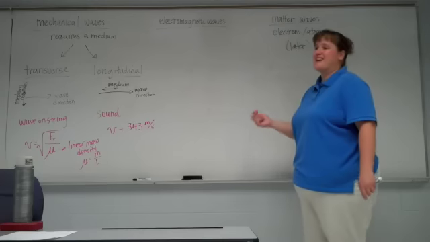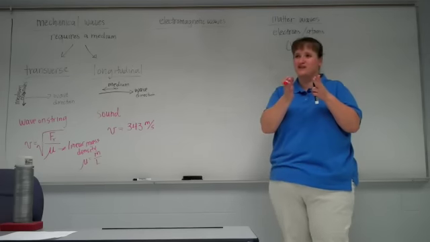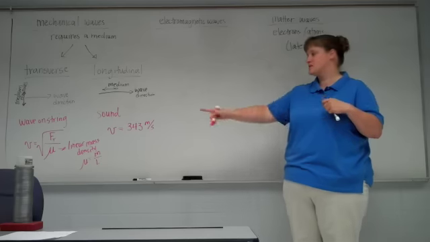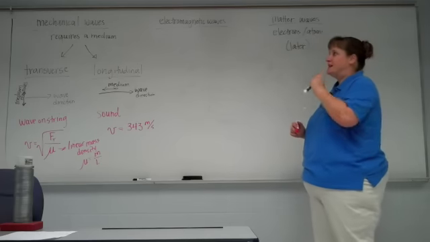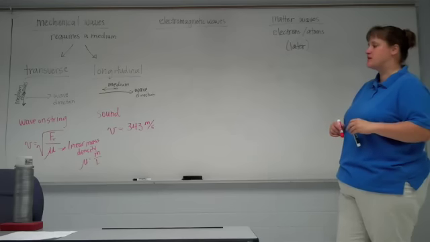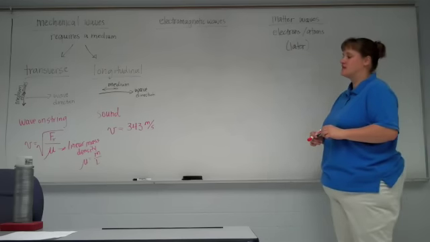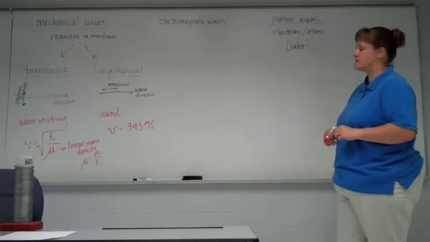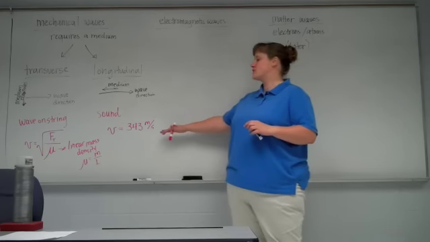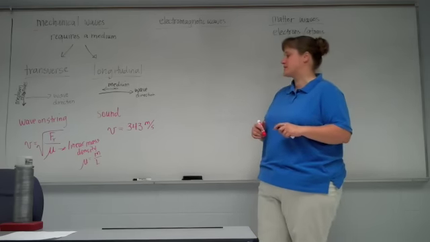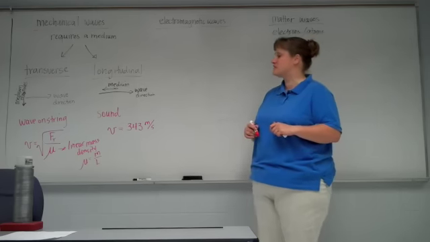Thicker strings are going to have more mass for any one given length than thinner strings. So that's what the mu is for. So waves on a string depend upon the force of tension and the linear mass density. Speed of sound, we're going to use 343 meters per second, unless we're told otherwise.